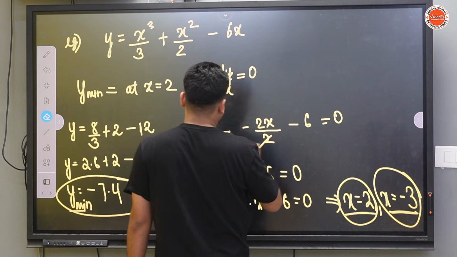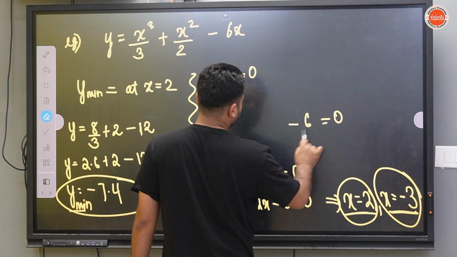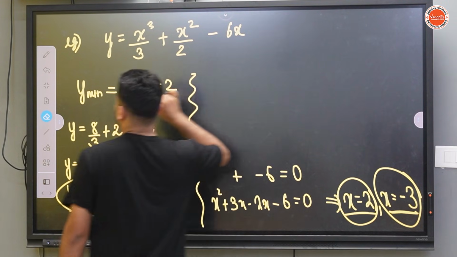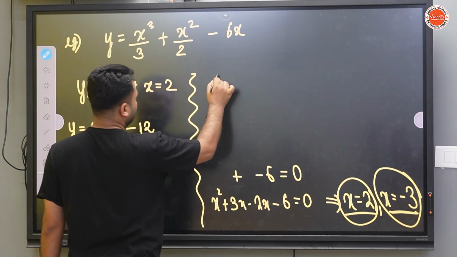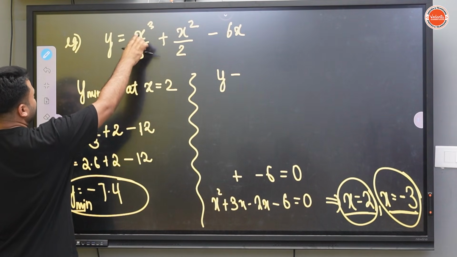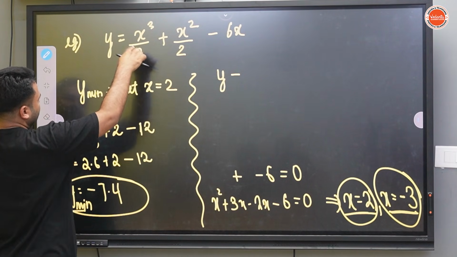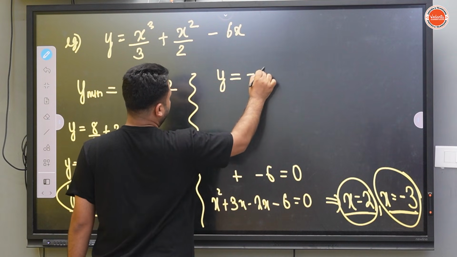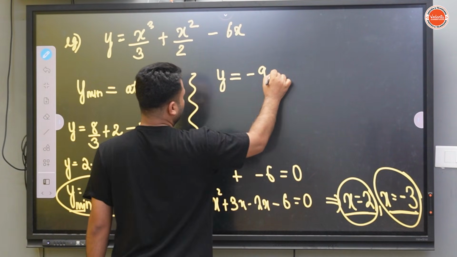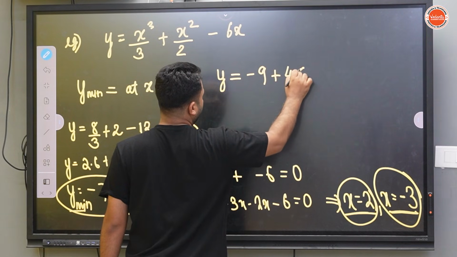And for the maximum value, what is the point of maxima? X equals minus 3. X equals minus 3 is the point of maxima. So what y value will you get? You put minus 3: minus 3 cube, minus 27 by 3, minus 9. Minus 3 square, 9 by 2, 4.5.